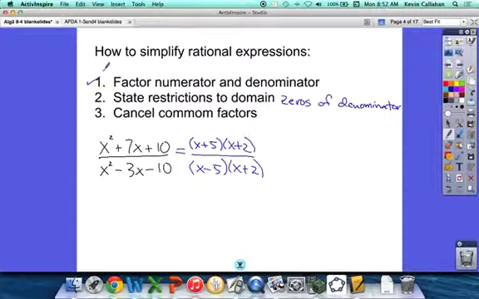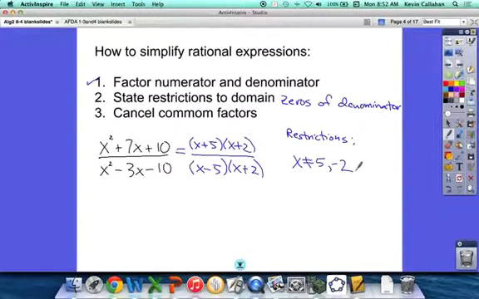Check. Okay, at this point, you've got to state the restrictions. What are the zeros of the denominator there? What values of x are going to make that denominator equal 0? 5 and -2. So the restrictions are x does not equal 5 or -2.